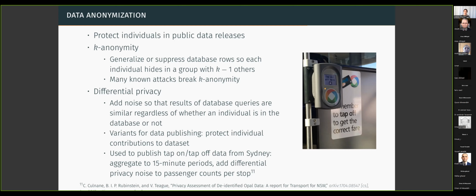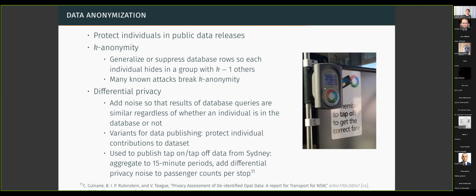And in that way, the privacy of all the individuals is protected. And you can modify that for data publishing, where then the idea becomes that you protect whatever contributions each individual has made to the data set. And this is actually practically usable in both of those settings.